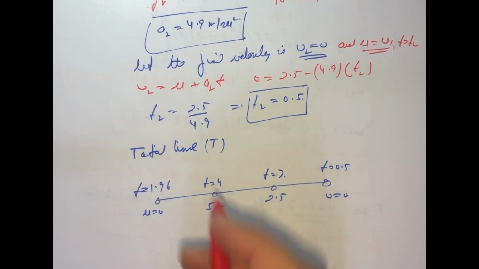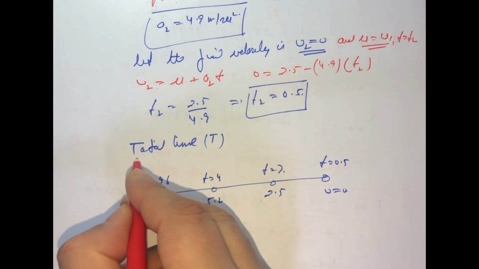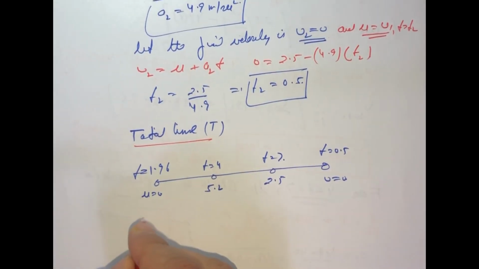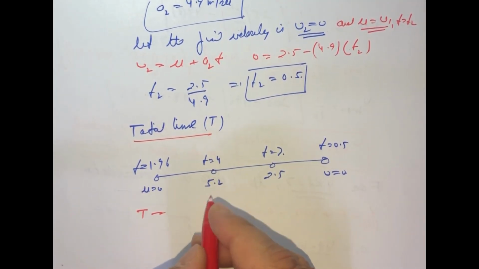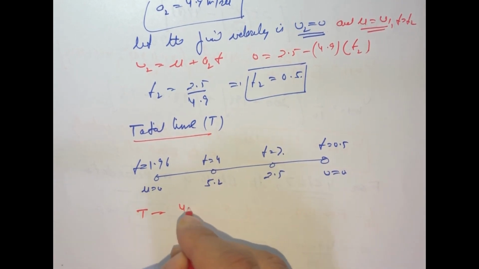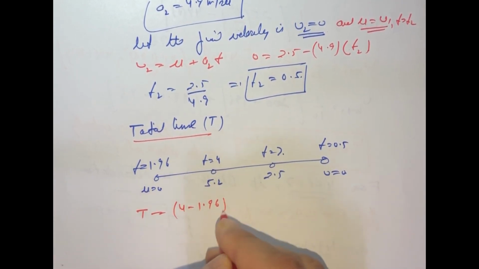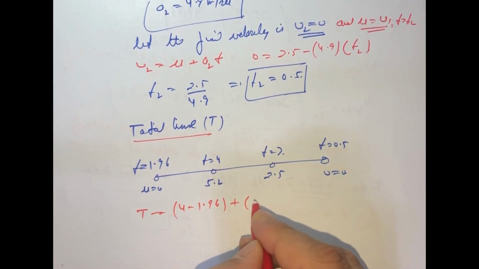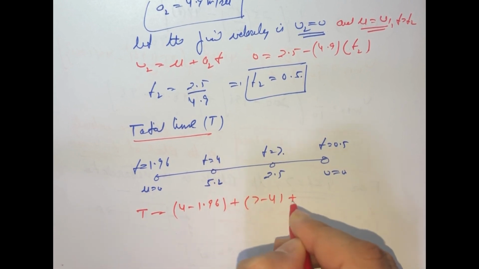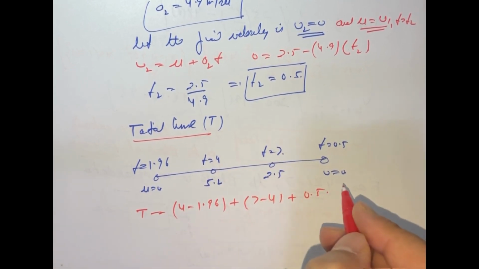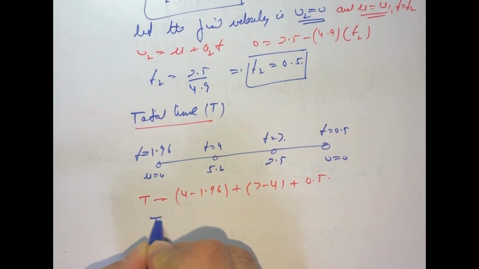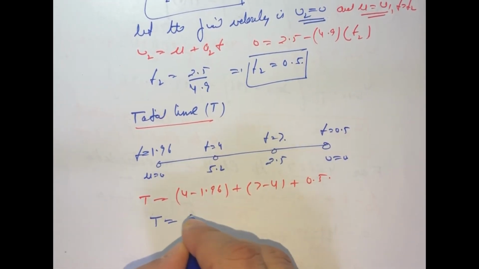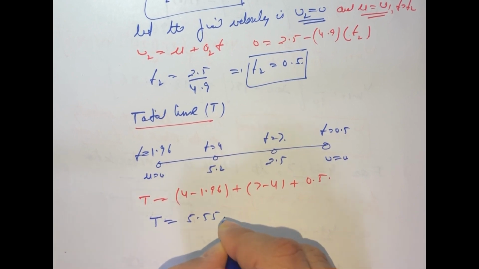Therefore we can write the total time T will be equal to the first part, which is 4 minus 1.96, plus the second part 7 minus 4, and plus 0.5. Therefore this T will come as 5.55 seconds.